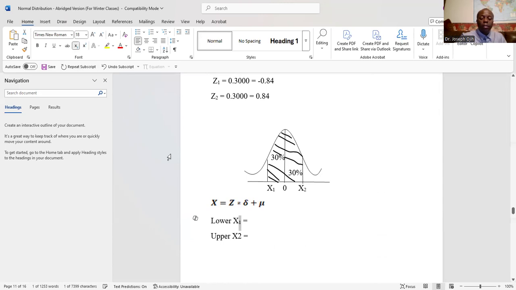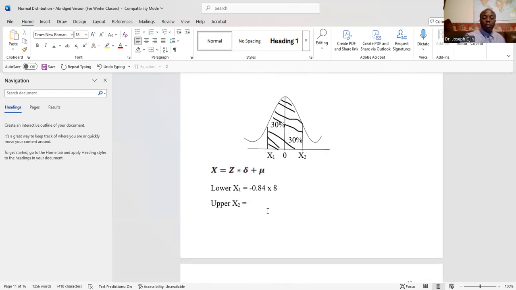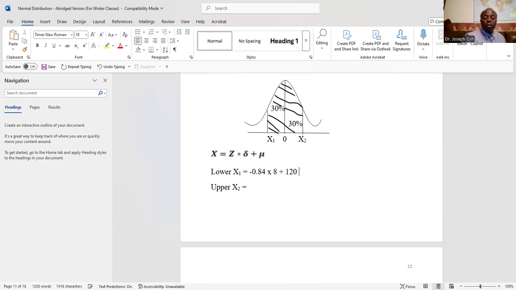So X1 equals Z1 times standard deviation plus mean, where Z1 is negative 0.84, the standard deviation is 8, and the mean is 120. I'll copy this to use for the other one since they're symmetrical, only without the negative sign for Z.